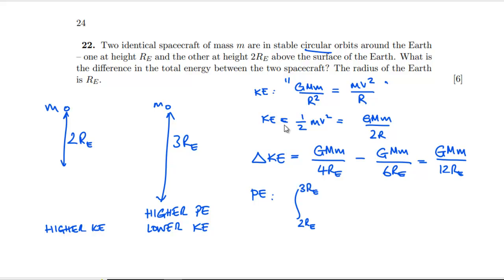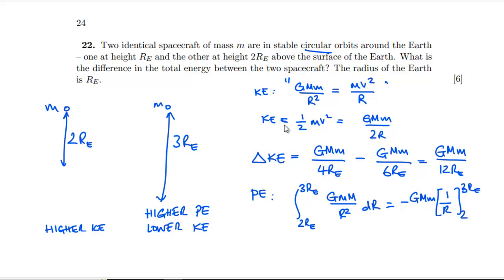As we go from low to high, we're integrating the force over distance: GMm over r squared over the distance is the change in potential energy, the work done as we move along this potential gradient. This is why we get a 1 over r, so we get minus GMm times 1 over r from 2RE to 3RE.